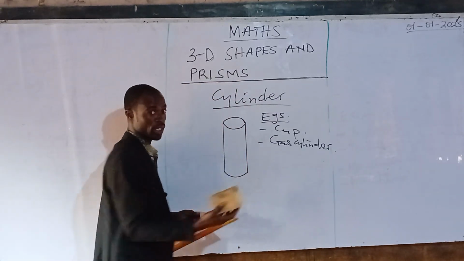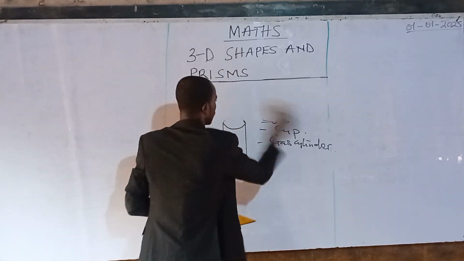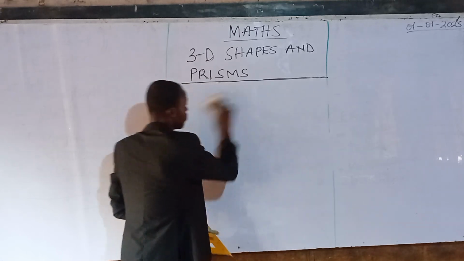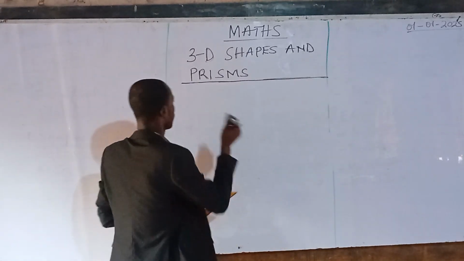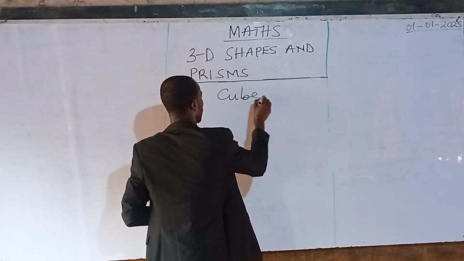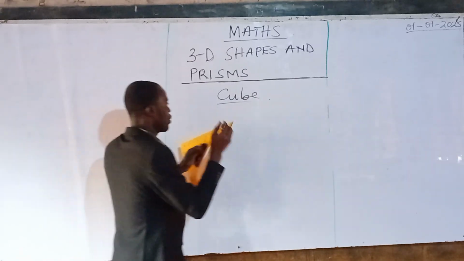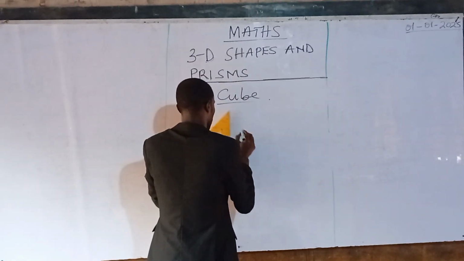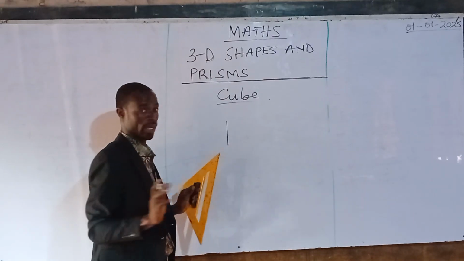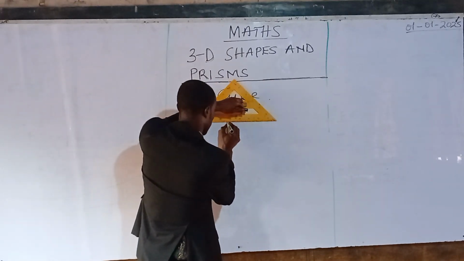Then let's move on quickly to cube. So now this is how we draw cube. Now cube, the face is like a square. So you first draw your square.